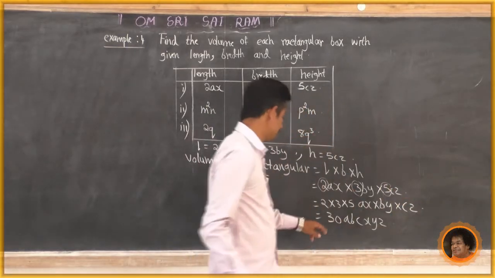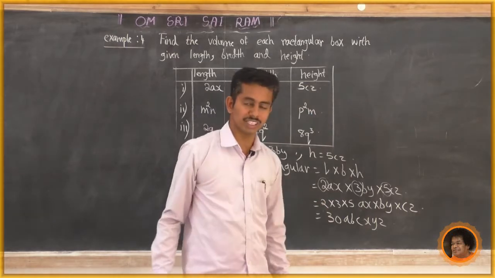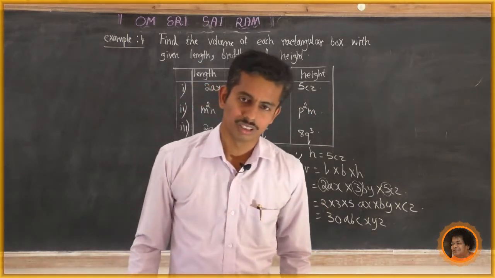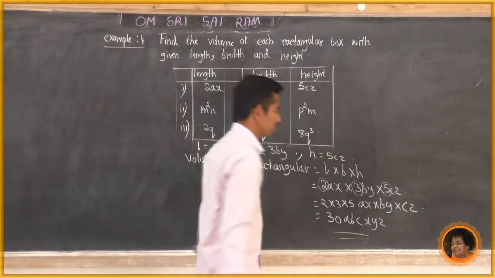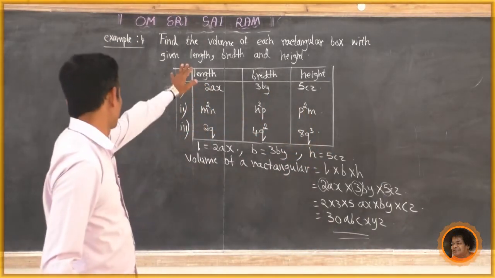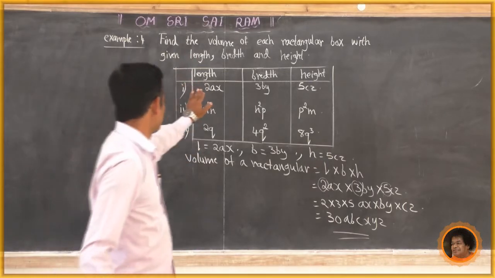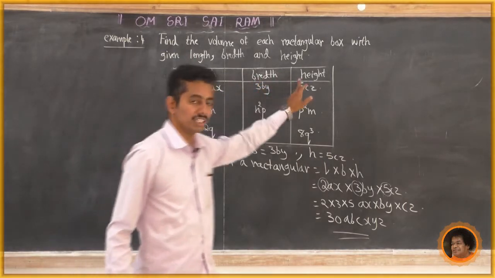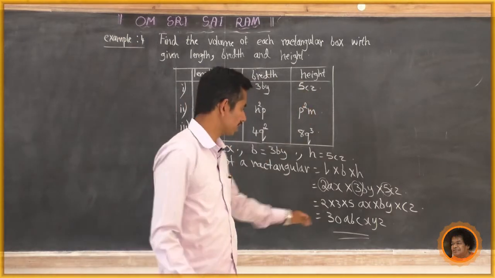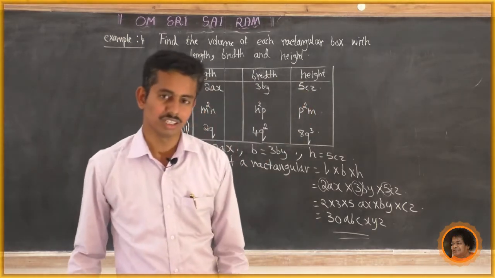If we write 30 ax, by, cz, is it correct or wrong? It is also correct. So 30 abc xyz is the product, or volume, of the first rectangular box, which has length 2ax, breadth 3by, height 5cz. So 30 abc xyz is the answer.